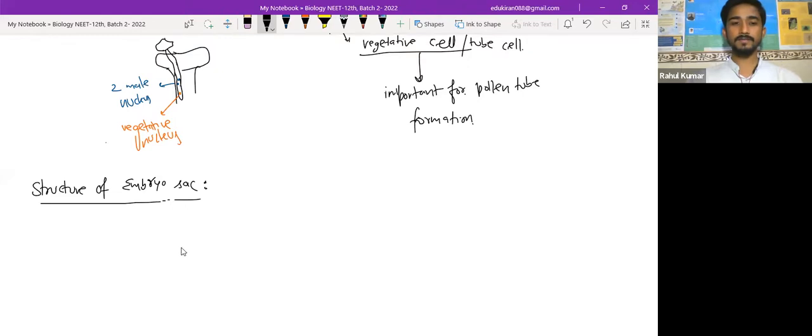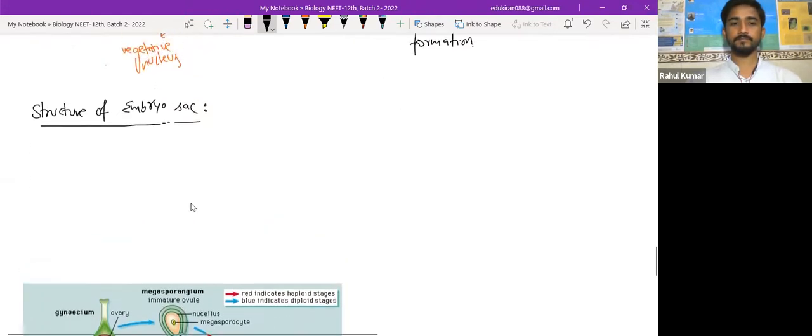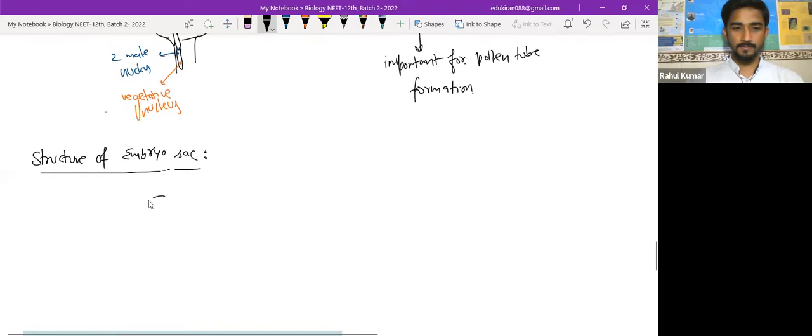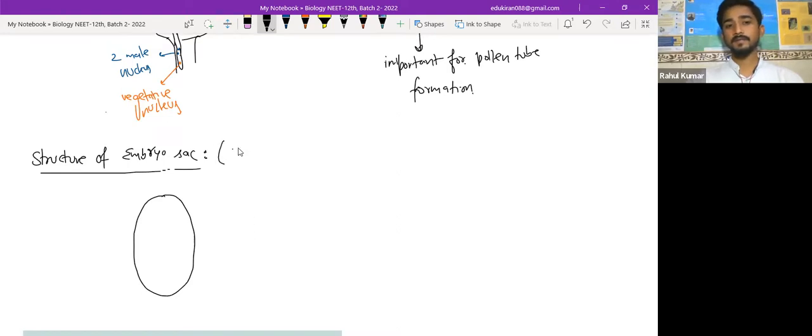Now, in plants, this embryo sac is a 7-celled, 8-nucleated structure. Is it clear?